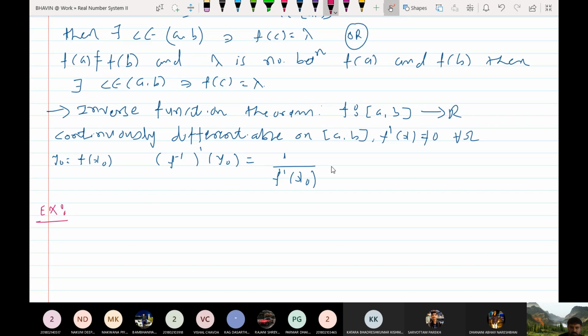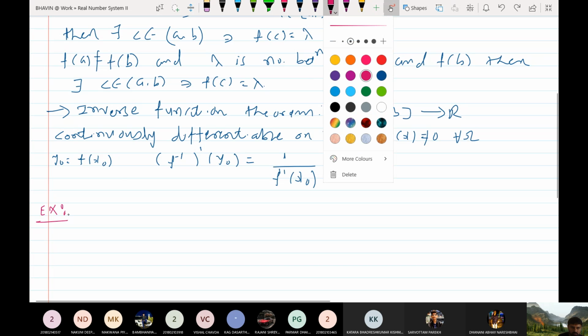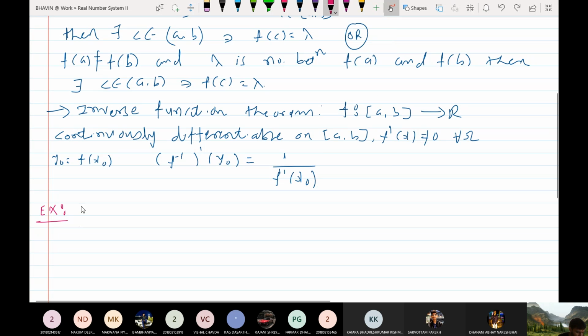What is f dash x0 actually? x0 is nothing but, let's see from this. Look at this example.